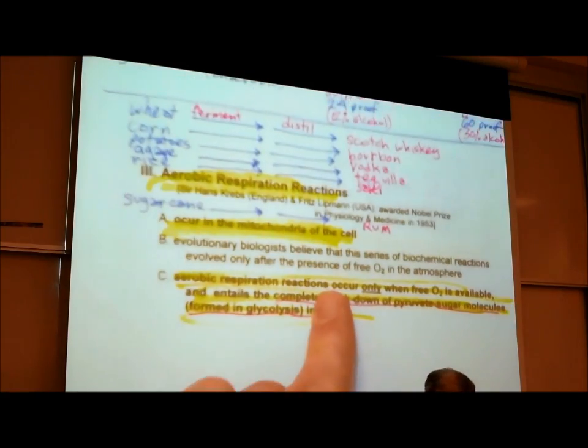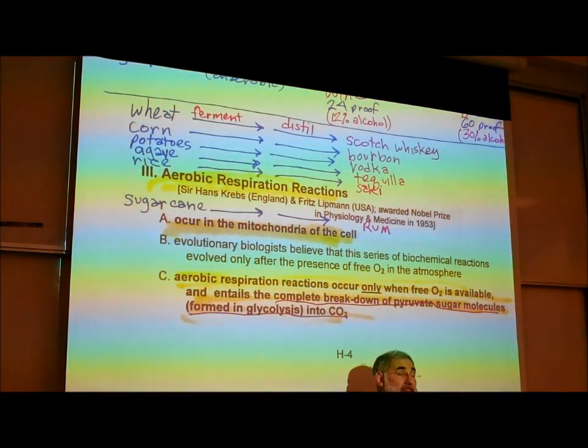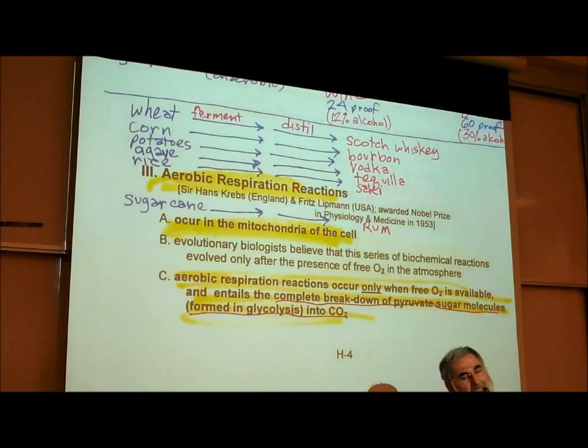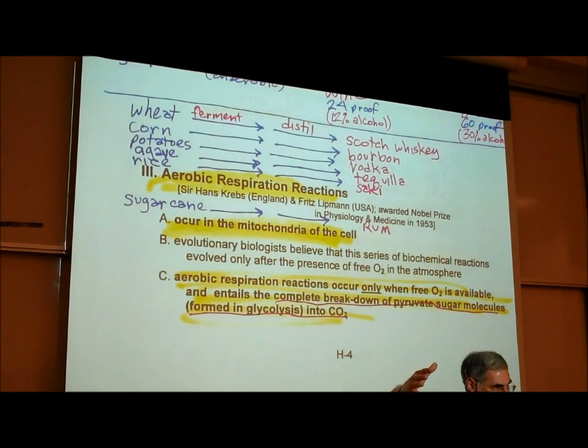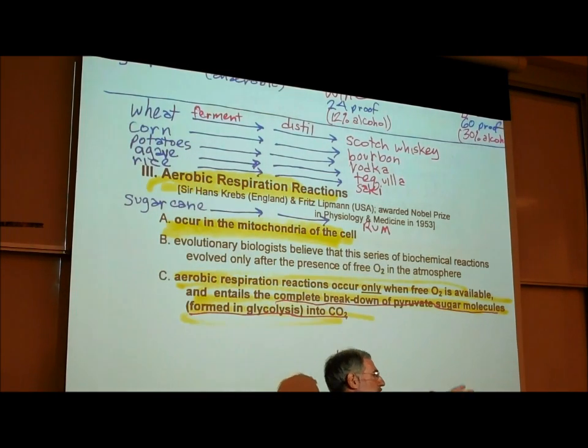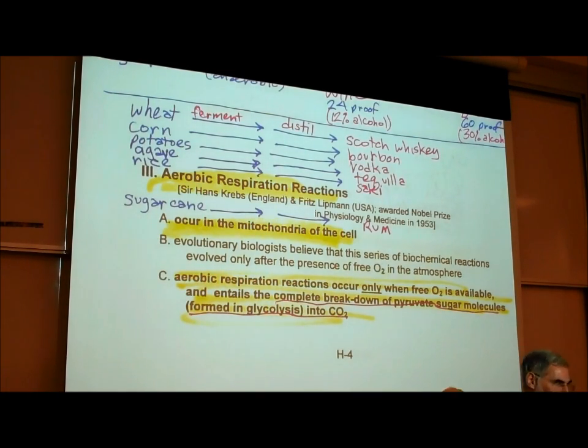Now we wrote that evolutionary biologists believe that this series of biochemical reactions that use oxygen only evolved later, after there was already oxygen in the atmosphere. We had pointed out that the original ancient atmosphere of the earth is believed to have had no oxygen, and that the source of oxygen came from photosynthesis carried on by plants.